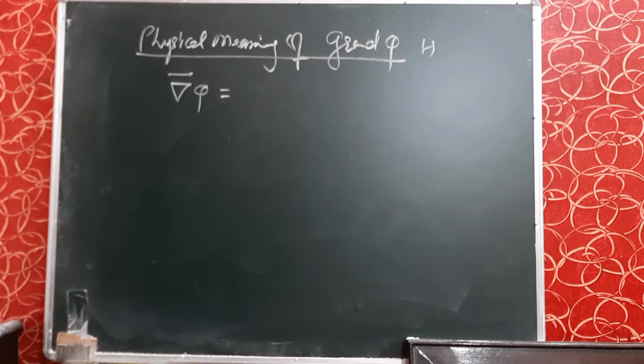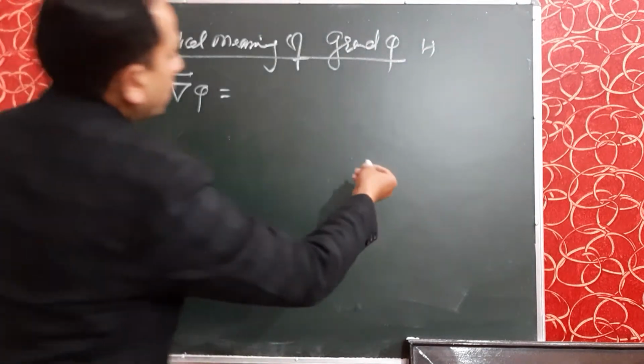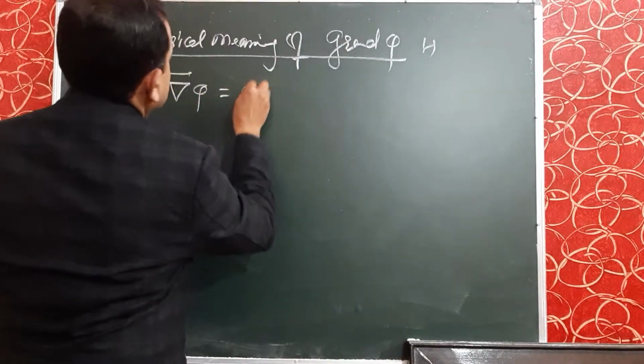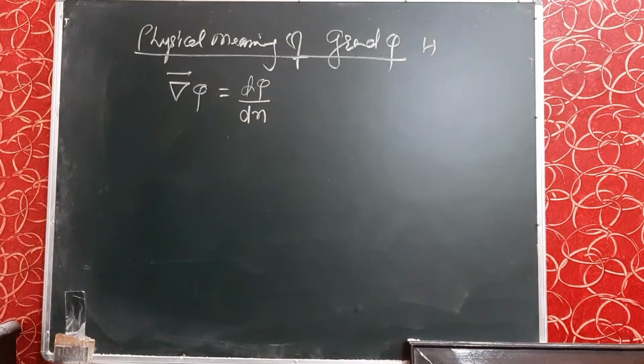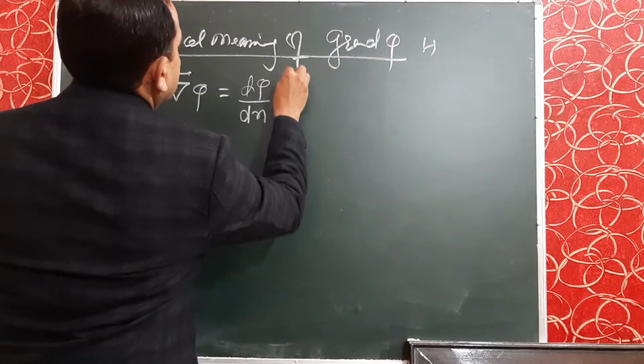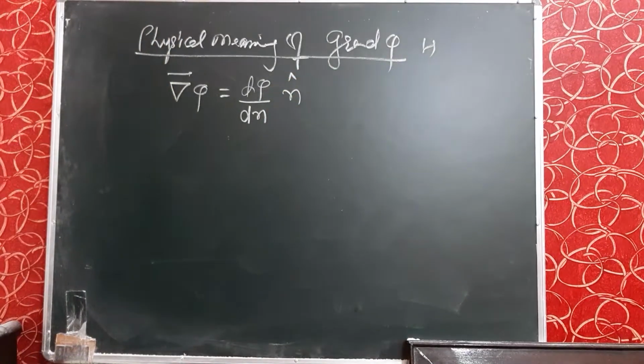And physically, if we study the physical meaning of grad phi, it is just a derivative with respect to the quantity in which the maximum change occurred, and along the direction in which the maximum change occurred.